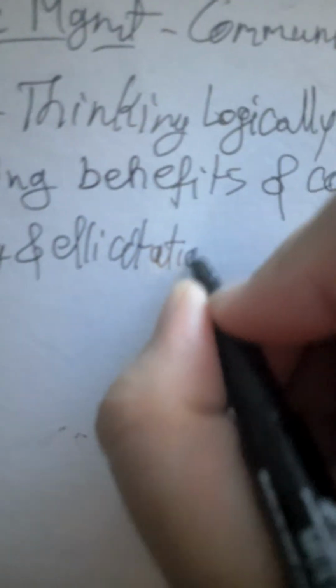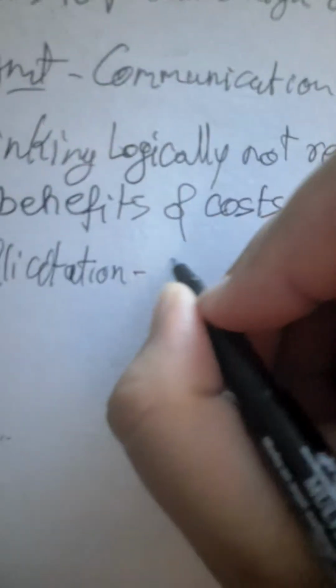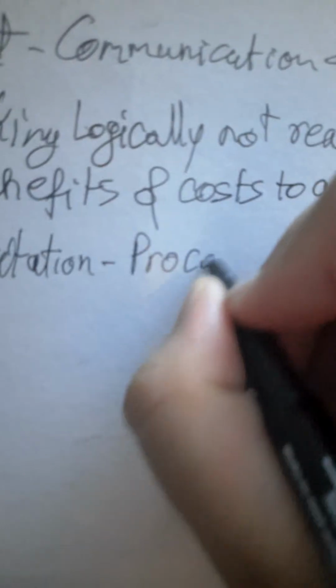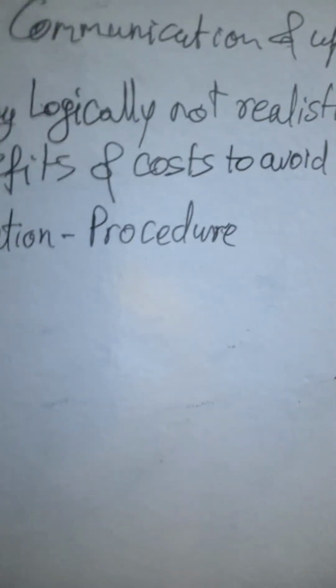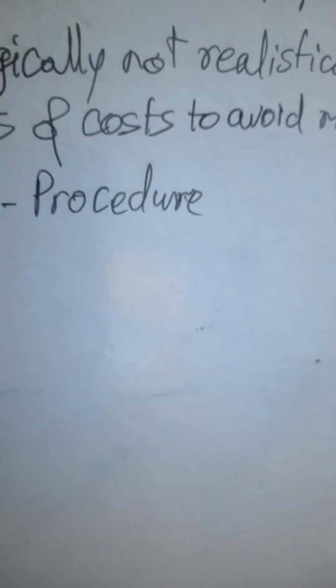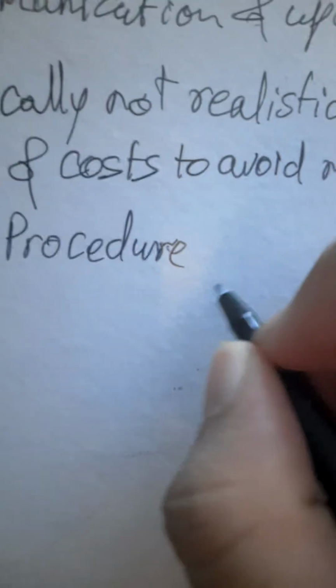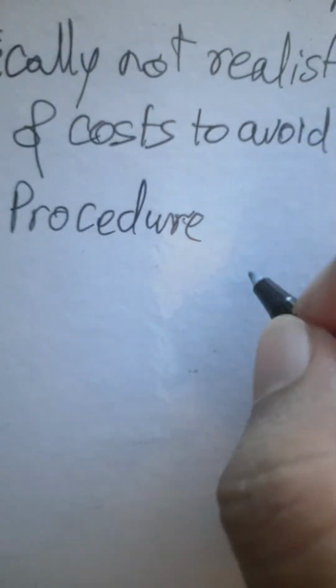Requirement gathering and elicitation. Now what does this mean? By the way, I'm writing self-explanatory notes right now so that you can write along with me, and after that, I will give you the overall explanation.